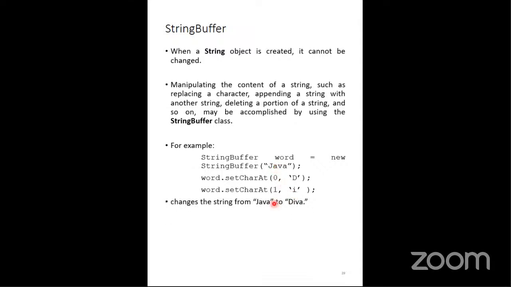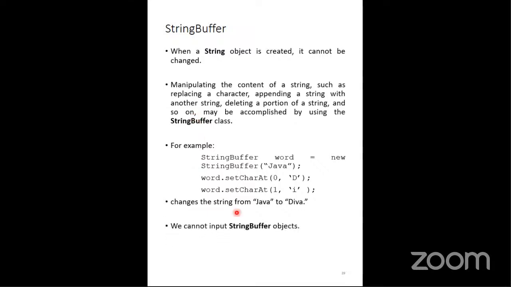And now the string becomes Diva. In the first statement J is replaced by capital D. In the second statement, the first a is replaced by the letter i, and this string Java now becomes Diva. This would not be possible if I create a String object and not a StringBuffer object. So this is how StringBuffer objects are modifiable, mutable strings. String objects are not mutable strings.